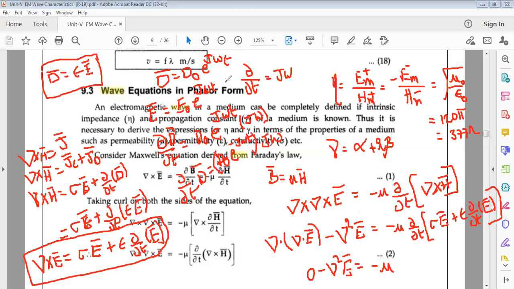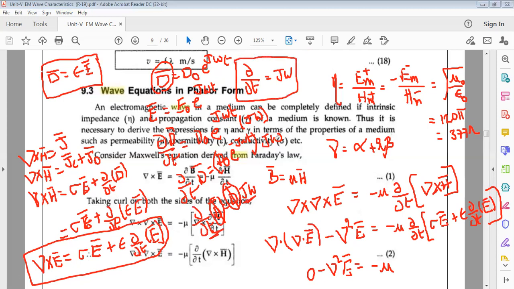What is D̄? D₀ e^(jωt), nothing but D̄. So ∂D̄/∂t is D̄ into jω. See, on the left hand side and the right hand side, D̄ is there. And what is ∂/∂t? Nothing but jω. Wherever ∂/∂t is there, you can replace it with jω.